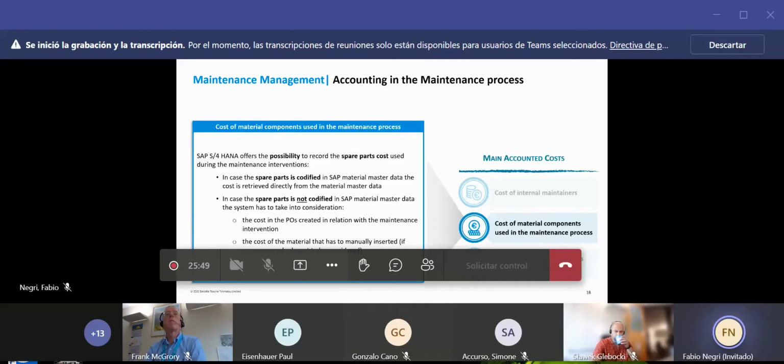When the maintenance order is closed, this information from IRIS is moved to SAP. For these spare parts, SAP automatically removes it from stock if it's managed in stock, and in that way SAP can automatically associate the cost of the spare part to the maintenance intervention.